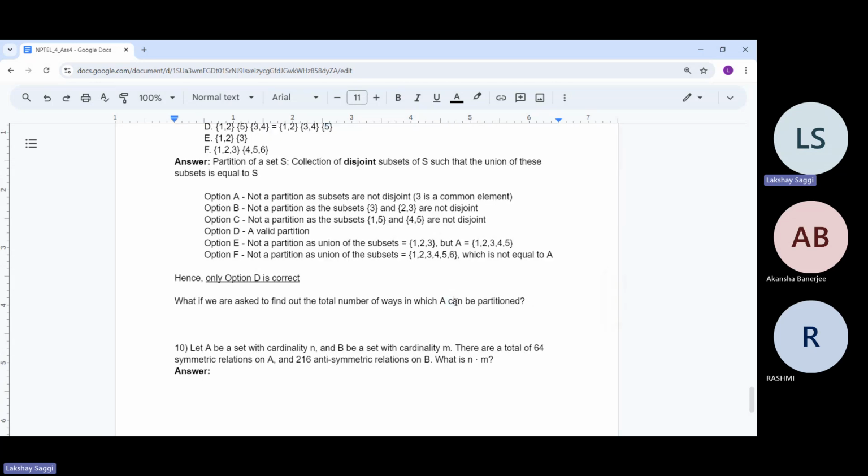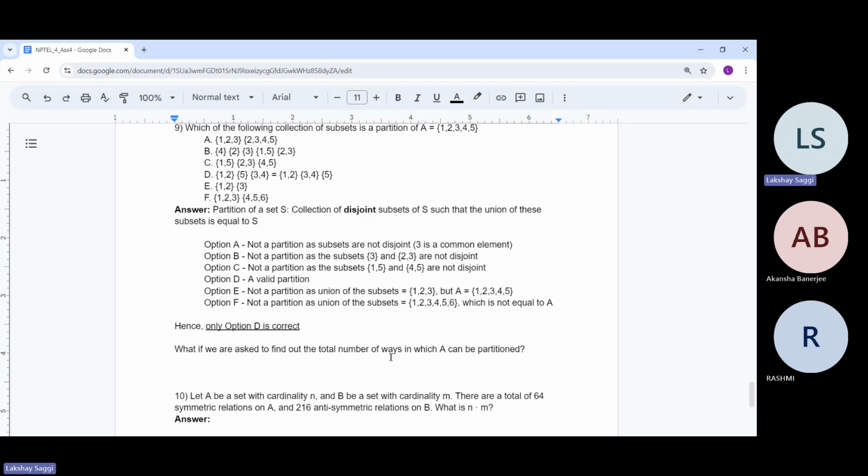I would like to ask you guys to think about it for 5 minutes, let's say. If you can think of it, good, but I'll just give you the answer. You can try it yourself also later. So this is more of a question about permutation and combination. And it's quite a cool question. So if we want to find out the total number of ways in which A can be partitioned, I'll just mute myself for like 5 minutes.